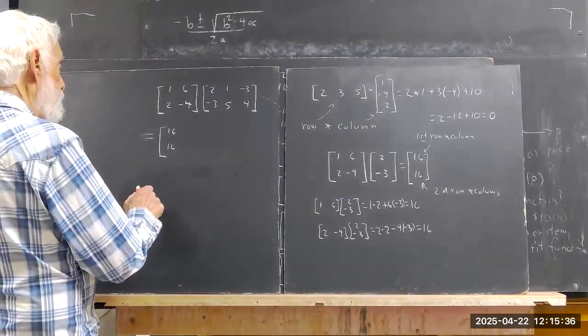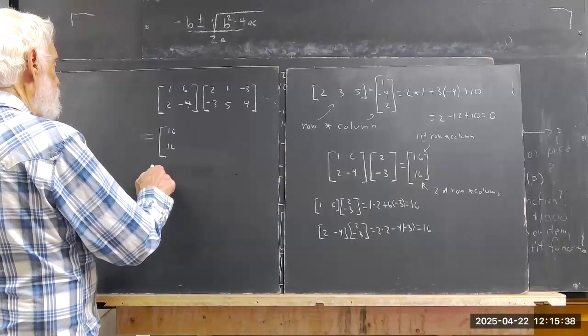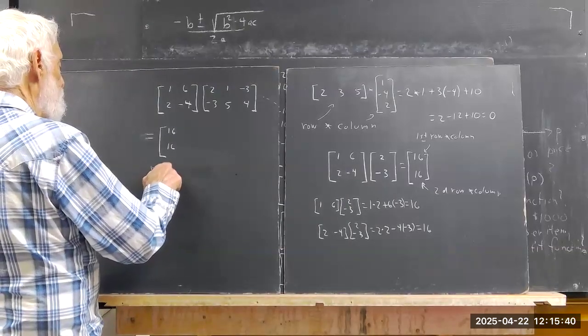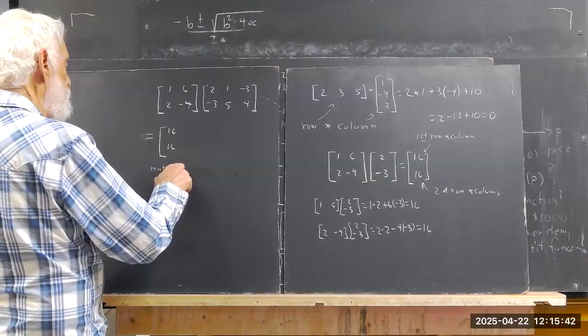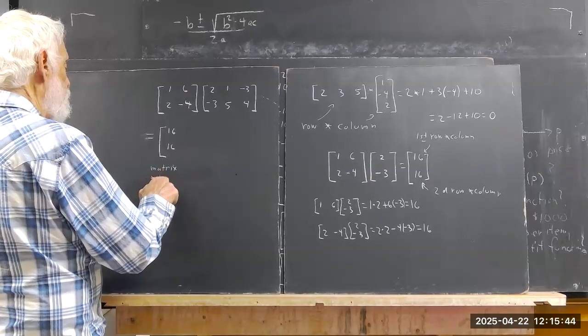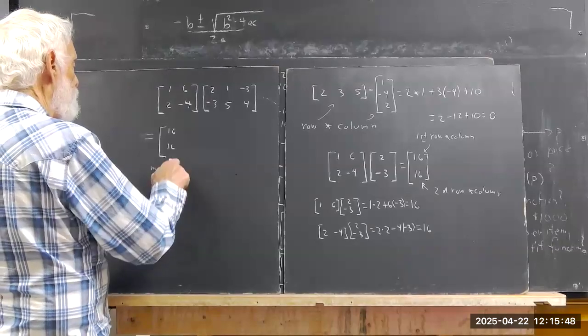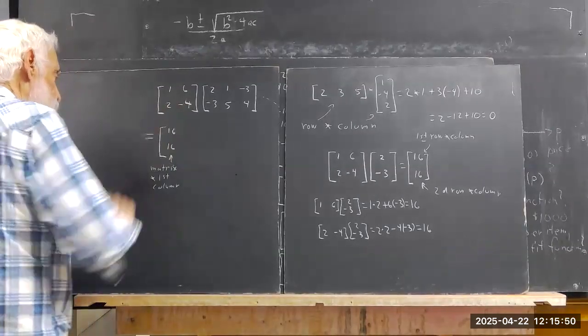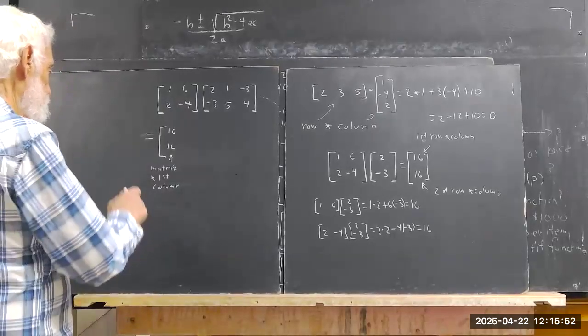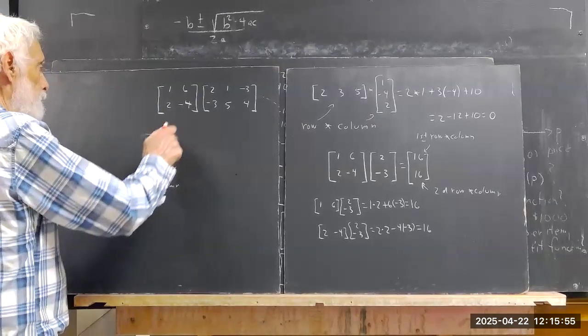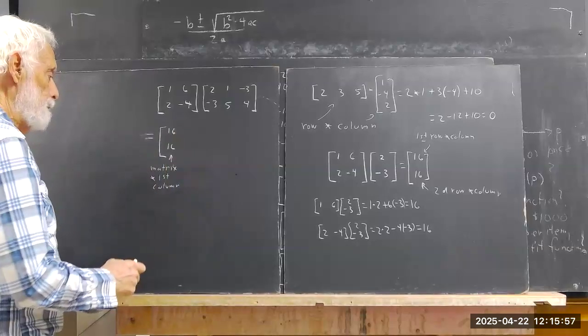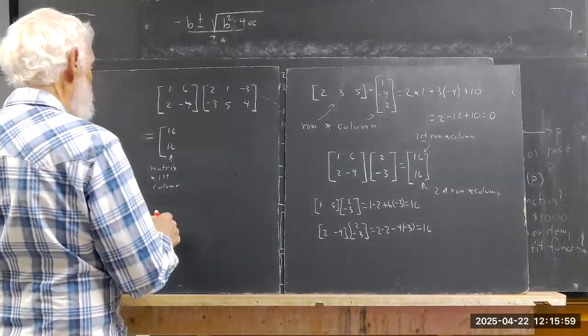Now, so here is the matrix. Well, our first matrix times our first column.